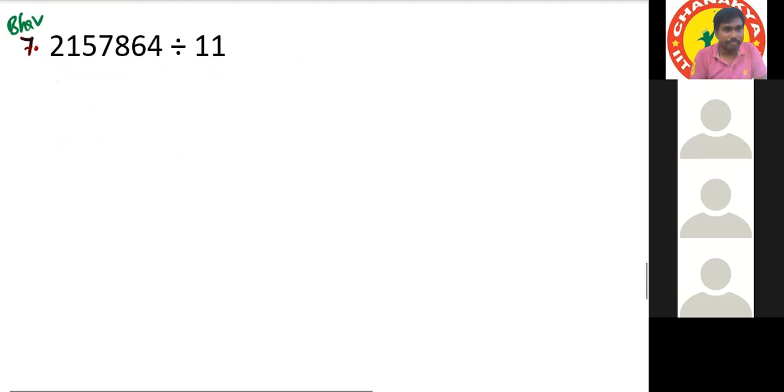Sir, I'm not getting the sum, I'm confused. Okay, let us do it together. First drop down 2. Can you subtract 2 from 1? No, sir. That's why we have to make it 1 and make it 11. 11 minus 1 is how much? 10.